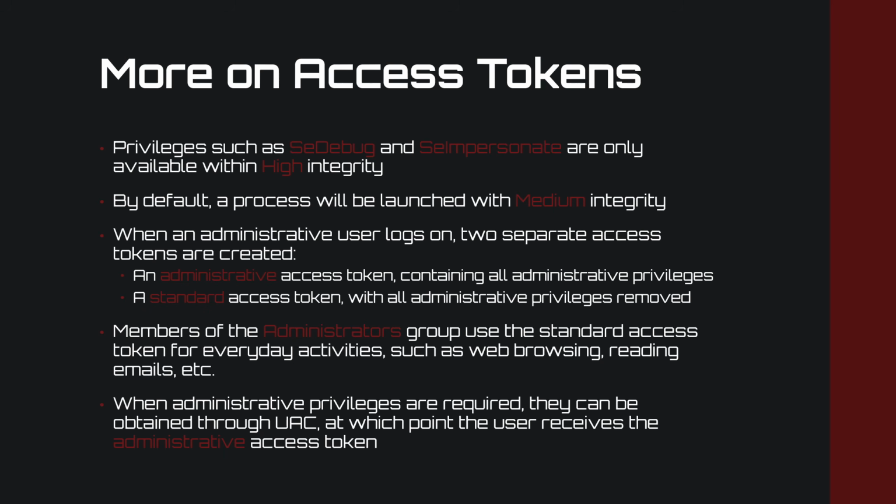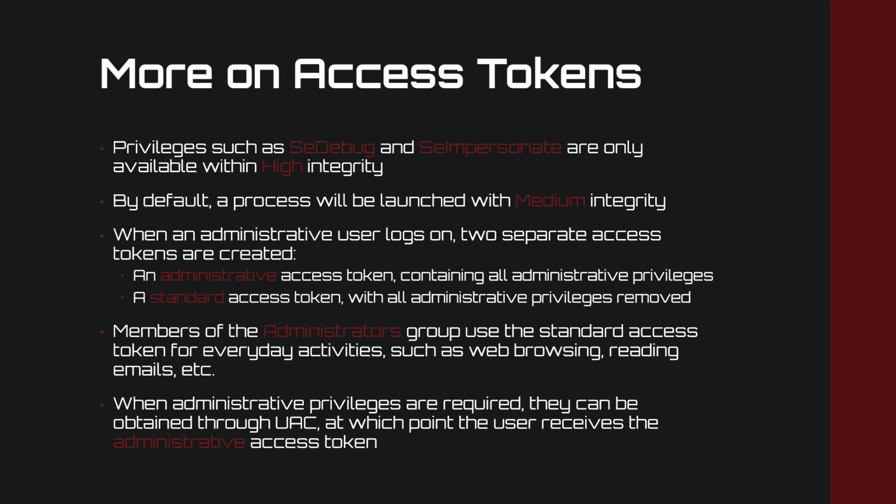Now for administrators, however, those users are assigned two access tokens upon logon, and one of those access tokens is an administrative one containing all administrative privileges, and the other is the standard or filtered access token where all administrative privileges are stripped.